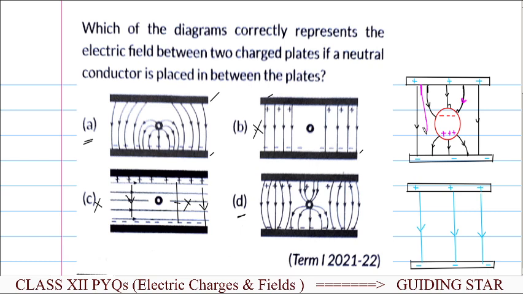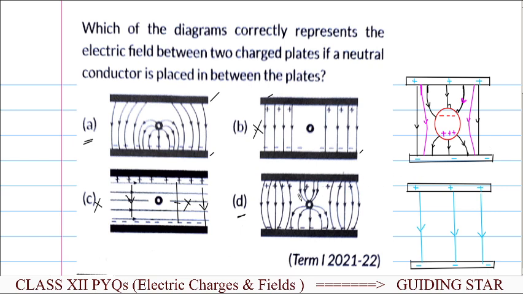That's why its nature is something like this. Similarly, over here the field line should come straight, but due to induced negative charges it bends towards them, and due to positive charges it gets repelled, so it bends like this. So this is the scenario.